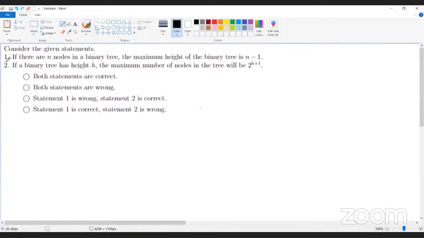So the first statement is: there are n nodes in a binary tree, the maximum height of the binary tree is n minus 1. Suppose let's take one example. Suppose there are two nodes, right? So the maximum height possible, if you take increasing order 1 then 2, is level 0 and level 1.